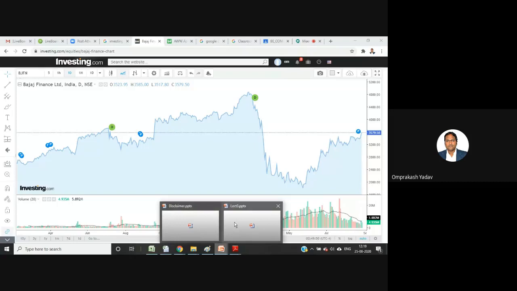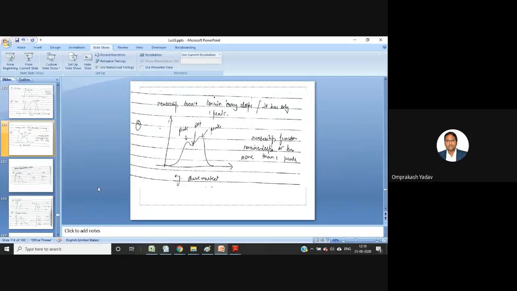If you are able to predict accurately, it's not possible to be 100% accurate, but even if you are able to do 50%, 40%, then also you can earn a huge amount of money. You will be the richest person in the world. So people try to develop software to predict the close price or the future price of that particular stock based on past data, and they analyze these charts. This is the example of that.